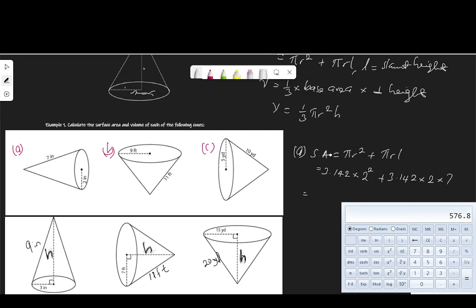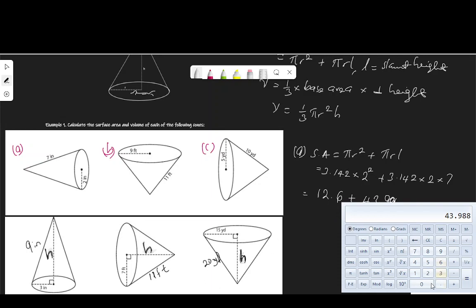So 3.142 times 2 squared, 2 squared is 4. So let's put that into calculator. 3.142 multiplied by 4 will give us 12.6 approximately. 12.6 plus 3.142 times 14, 2 times 7, that's 14. 3.142 times 14 is 43.98 approximately, let me round the other 8 behind.